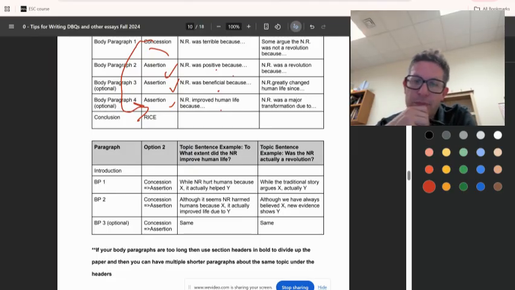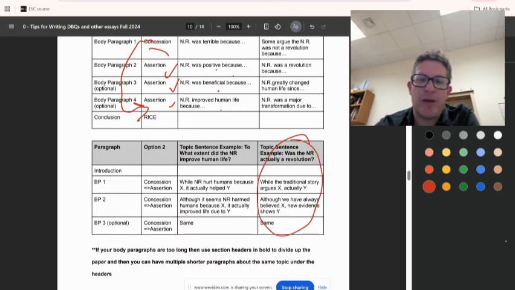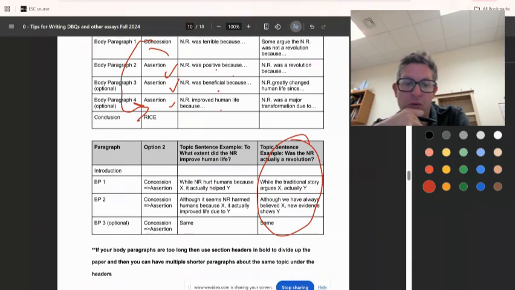So, this works well in this format, for example, where you're saying for each one, while the traditional story argues the Neolithic Revolution was a revolution because of settled societies, for example, actually, many Paleolithic societies already had villages and towns, or although we've always believed that specialized labor only came after farming, new evidence shows that there was hierarchy and jobs in hunter-gatherer societies, that type of thing.